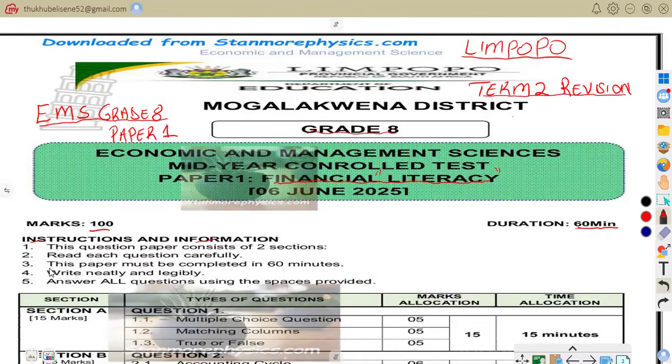The first instruction says this question paper consists of 2 sections and you are to read questions carefully, that is instruction 2. Instruction 3, this paper must be complete in 60 minutes, that is an hour. Write neatly and legibly. Answer all the questions using the spaces provided. I hope we are together.